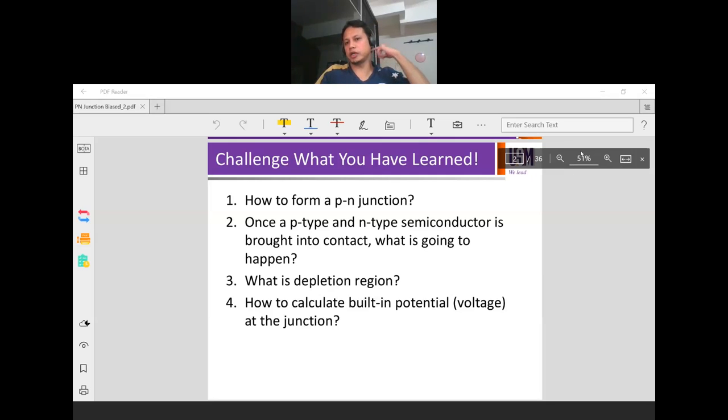Okay, diffusion of what? Apa akan jadi? Alright, based on concentration gradient, right? So electrons in the n-type semiconductor will diffuse into p-type, and holes in p-type will diffuse into n-type. Okay. All right.